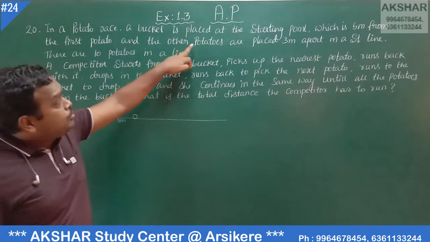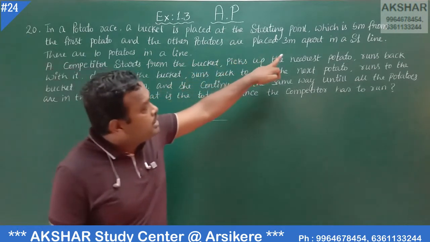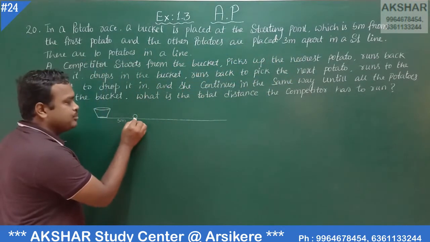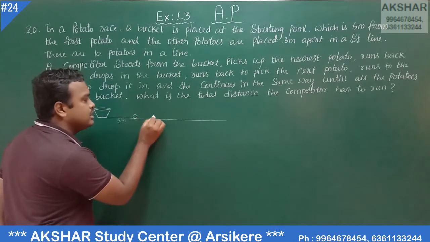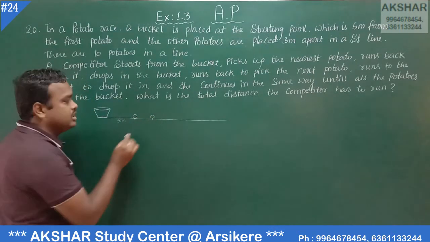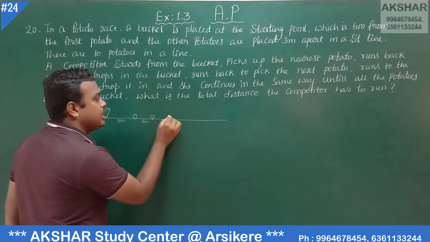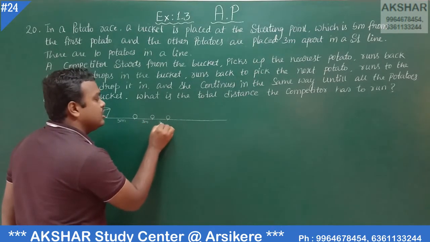And the other potatoes are placed 3 meters apart in a straight line. From the first potato, here will be the second potato. The distance will be what? 3 meters. For the third potato, the distance is 3 meters.